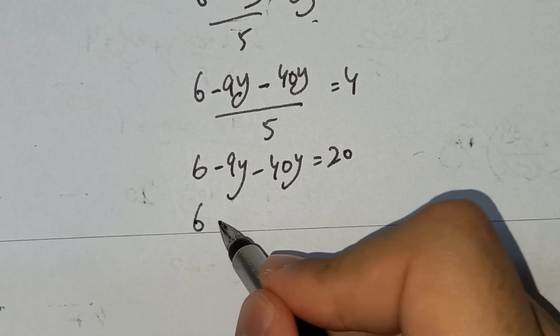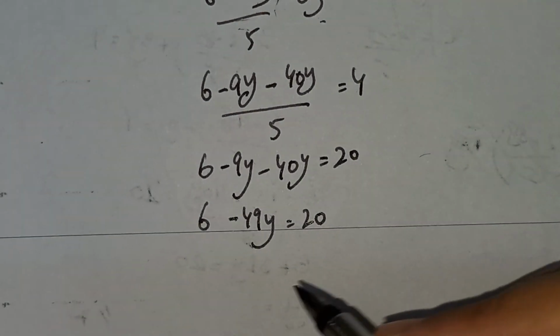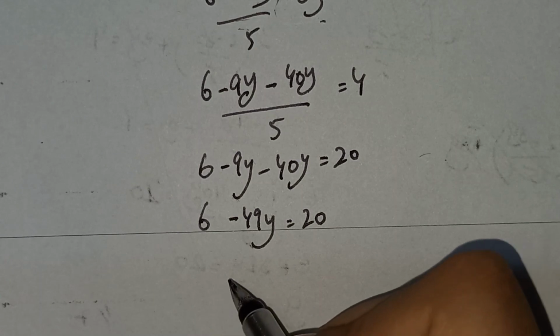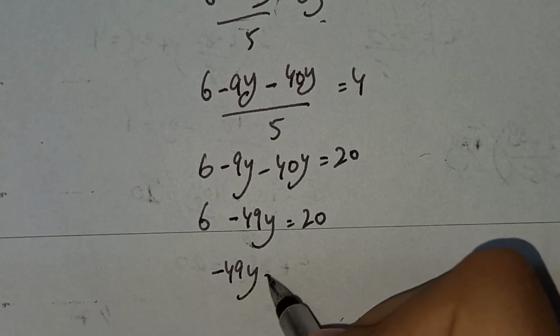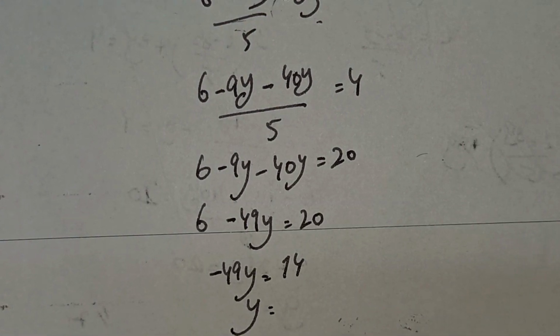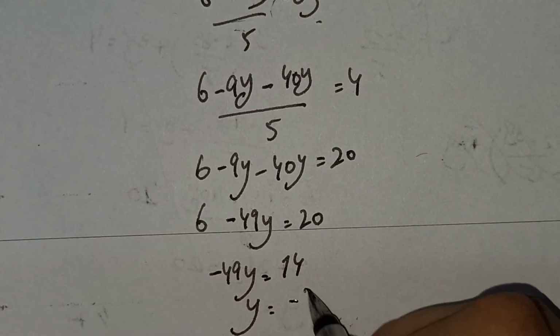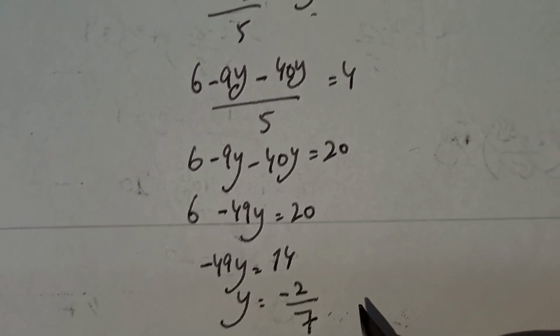And then simplifying it, solving it, for this equation we get minus 49y is equal to 14, and y gives us 14 divided by minus 49, it gives us minus 2/7, which was the same answer as before.